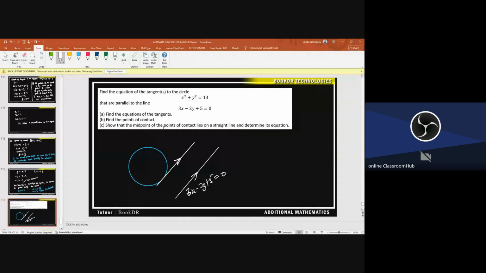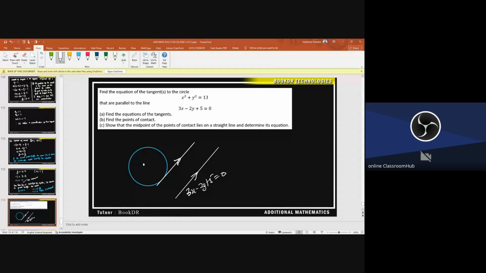And then show that the midpoint of the points of contact lies on a straight line and determine its equation. First and foremost, let's find the center of this circle.